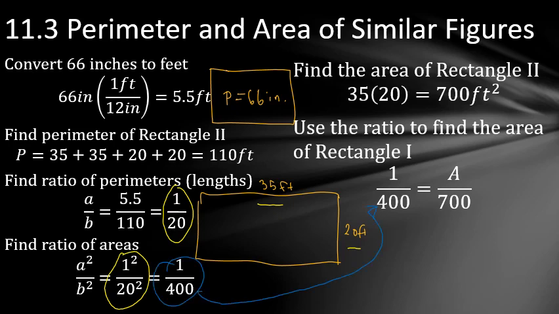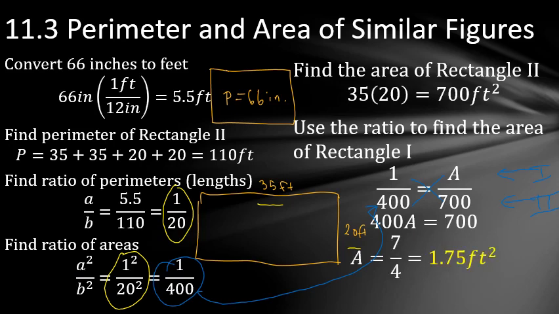On the top is rectangle 1, on the bottom is rectangle 2. Cross multiply, so I'll have A times 400 and 1 times 700. Divide both sides by 400, and A is 7 over 4, or 1.75 feet squared.